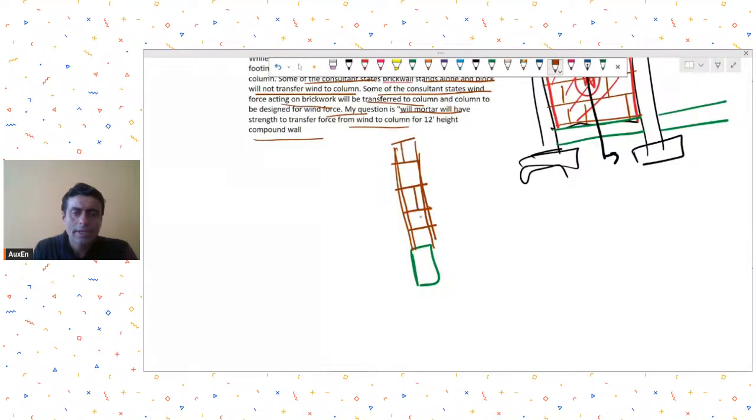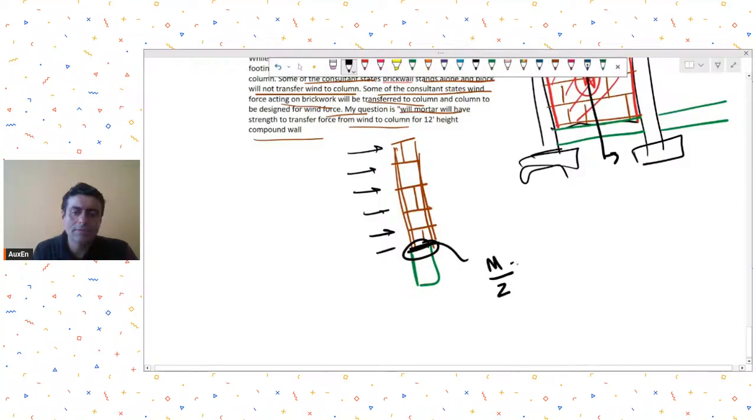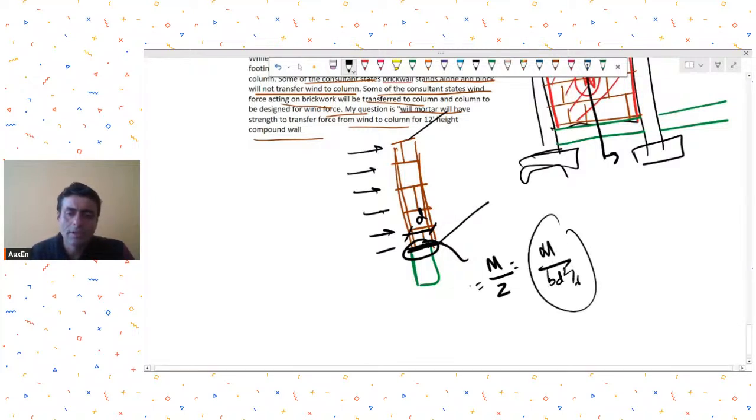Now what you need to check is that whatever wind forces are going to act as lateral loads, they will create some stresses at the base. You can calculate the stresses as M by Z, where Z will be dependent on this depth, whatever is the width you are considering in the other direction, bd square upon 6. So this becomes the stress.